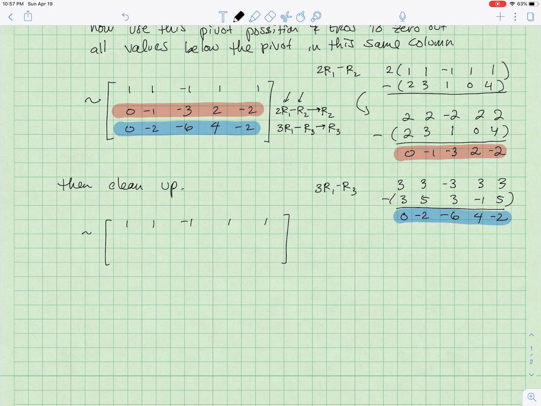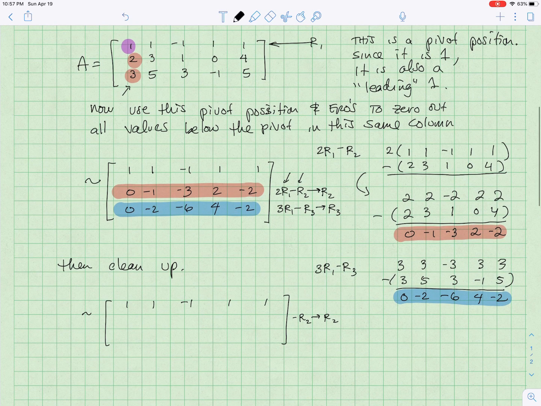So what I'm going to do is I'm going to do a negative row 2, and that's going to be my new row 2. Now, again, I've said this before. When I talk about row 2 now, in this third step, I'm no longer talking about this row 2. Excuse me, that was not correct.